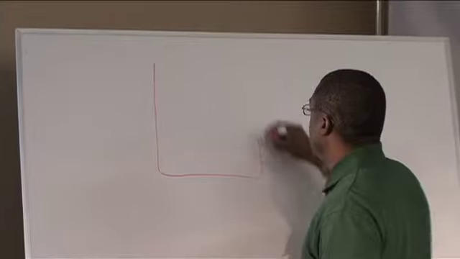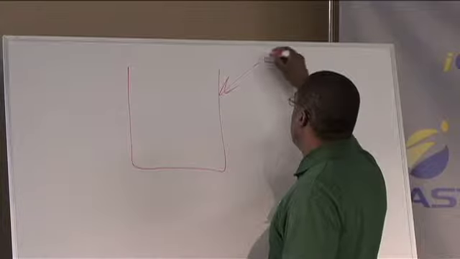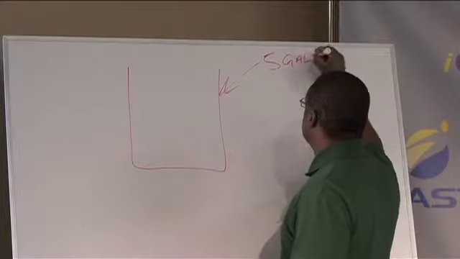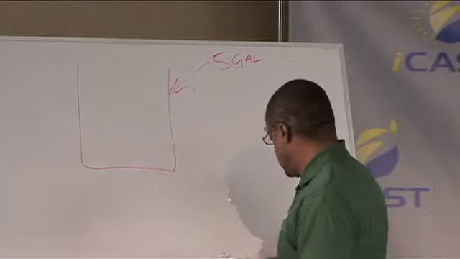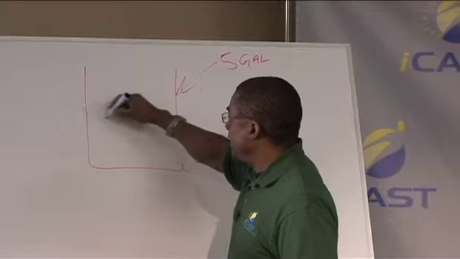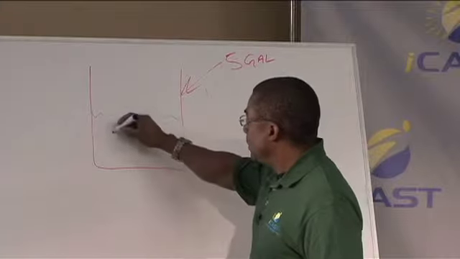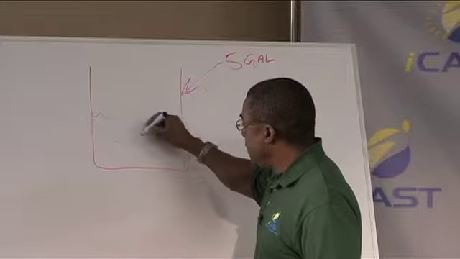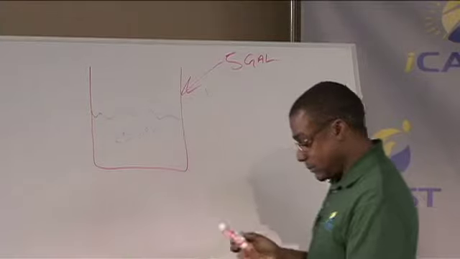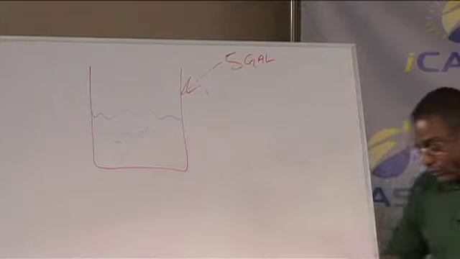We have a bucket. Let's say we have a 5-gallon bucket. In that 5-gallon bucket is 2.5 gallons of water. How full is that bucket? 50%.